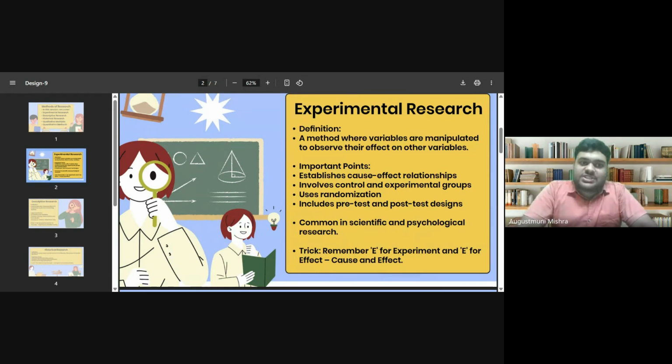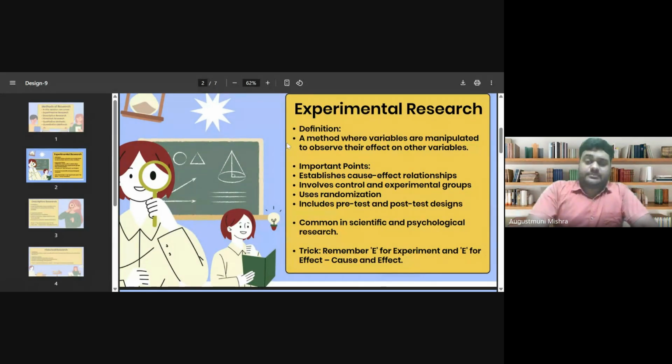We always do experiments by manipulating variables. Variables can even be present in our kitchens, or in our surroundings. When you are doing the experiment, and the results come according to your observation or your aim, that is experimental research.